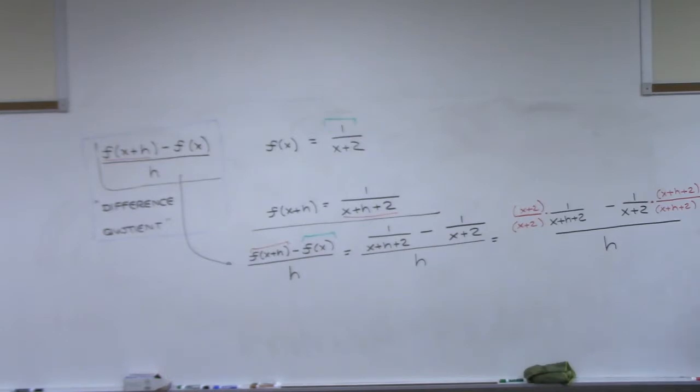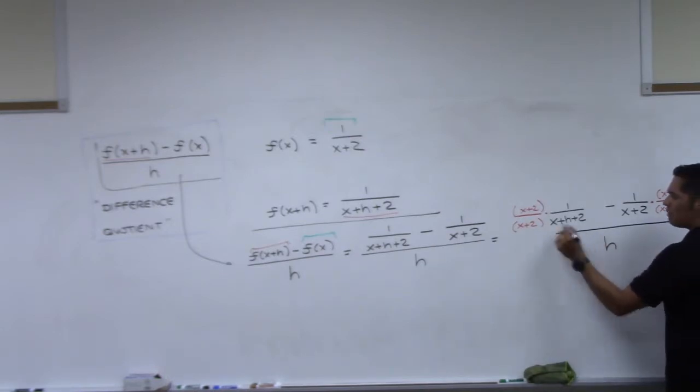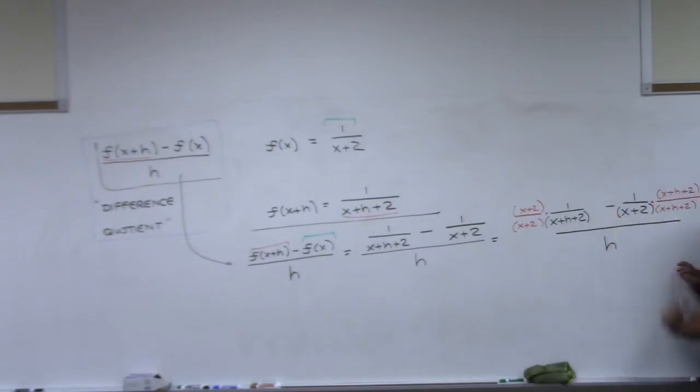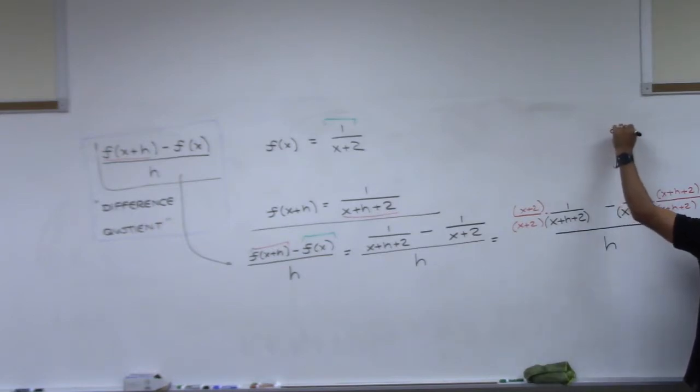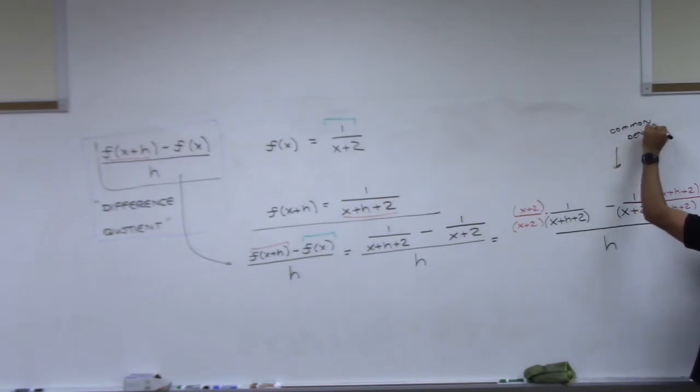Okay? So, to be careful, I'm going to put this in parentheses, this in parentheses, this in parentheses, this in parentheses. So this step right here, I'm getting a common denominator. All right, now, let's put it together.